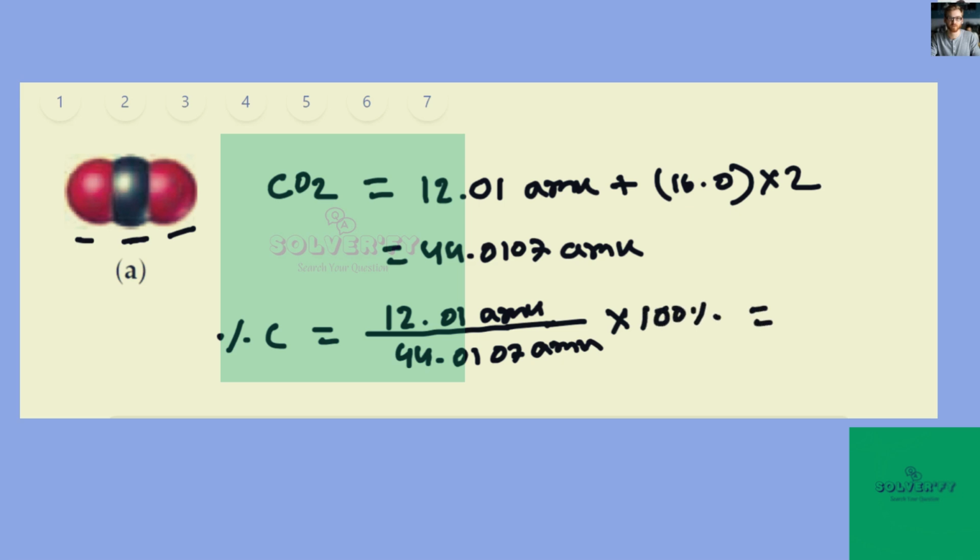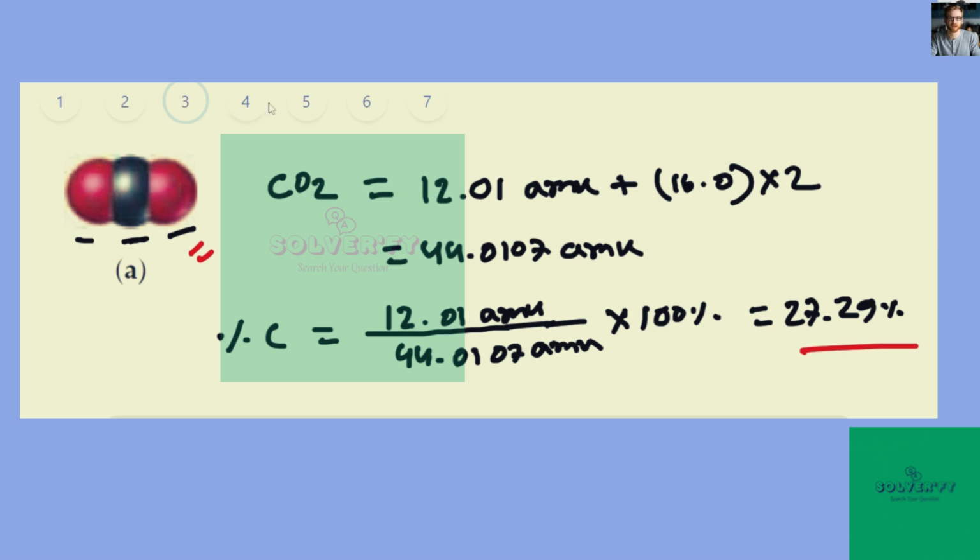It will give us a value of 27.29%. So this is the percentage of carbon in carbon dioxide, or the model given here.